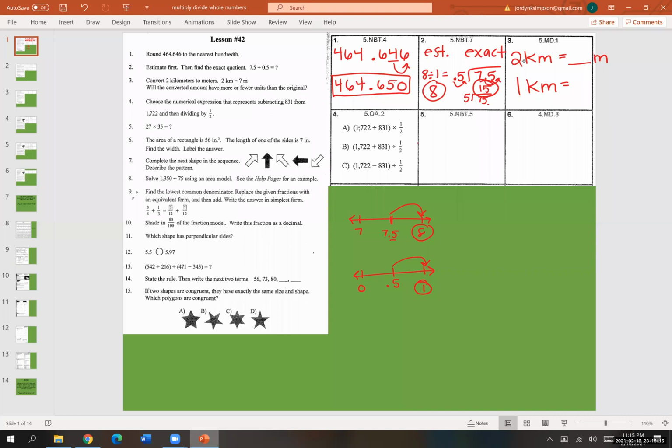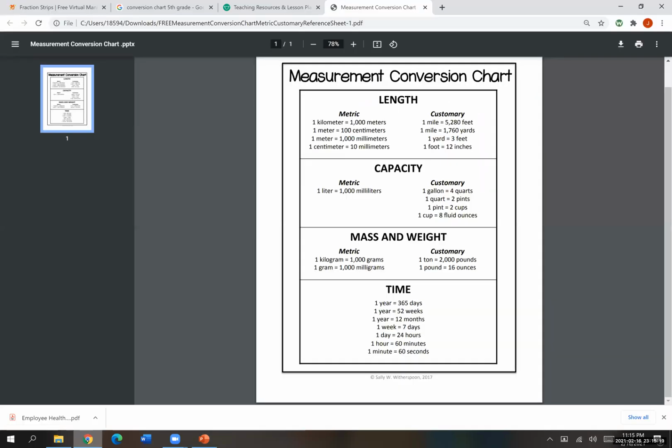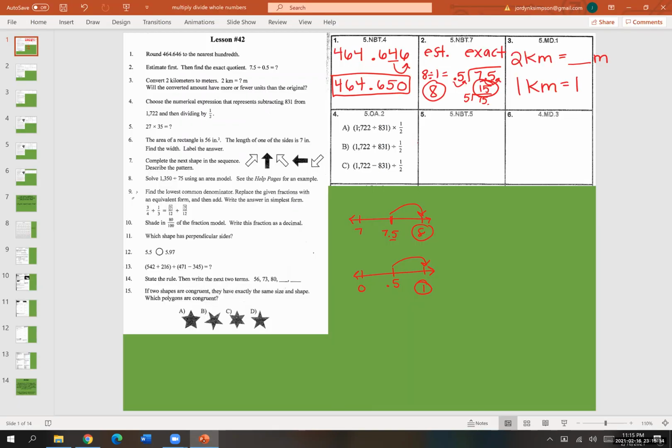If you do not have your conversion chart, don't worry, I pulled one up. Right here, it's asking how many meters are in a kilometer. It's right there, that first one where it says metric. So 1 kilometer equals 1,000 meters. So let's go back. 1 kilometer is 1,000 meters.